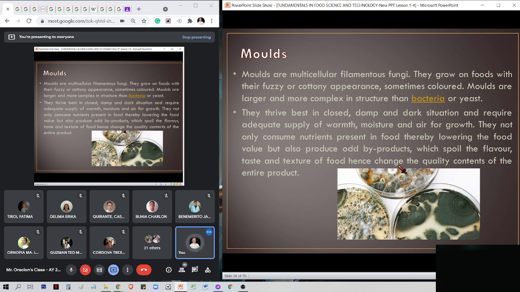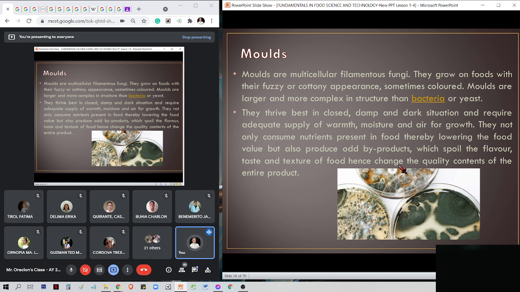So remember, once there is mold, there is change or destruction of nutrients in the food, deterioration of taste, and deterioration of its appearance. Once you see molds, you say, oops, no, because it is already spoiled. It doesn't mean that you are preserving the food that it will not spoil. It will still spoil.